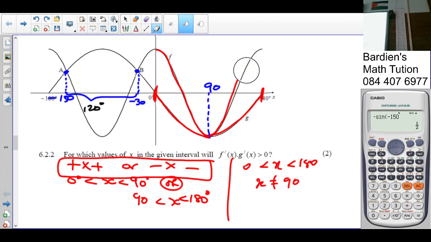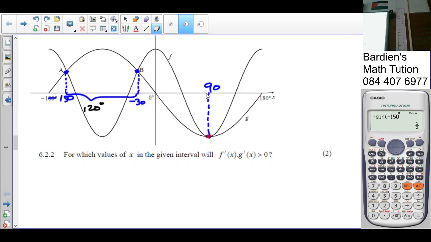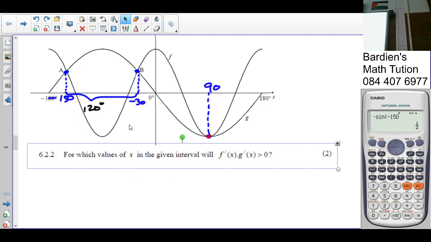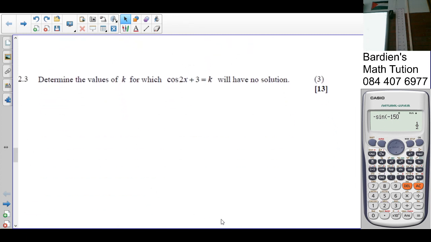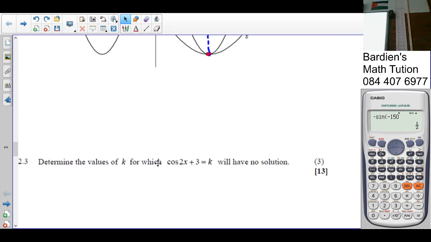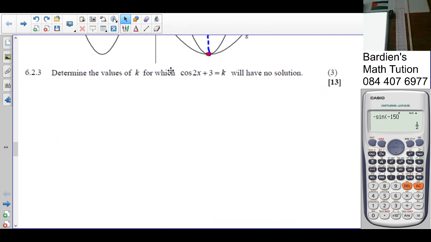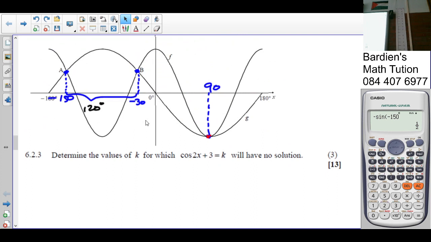Let's take this out here. I think there's one more question pertaining to this graph here. Question 6.2.3.